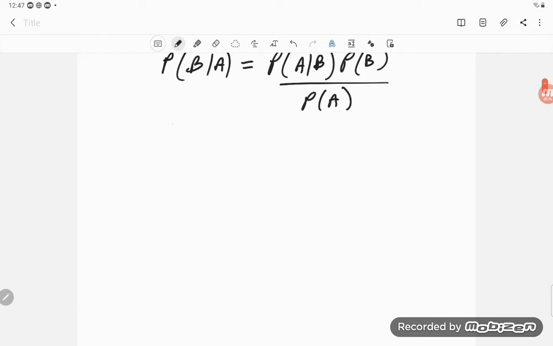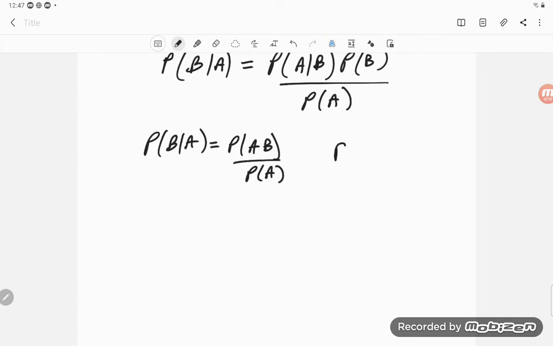So all they've done is they started with the probability of A given B, and that's the probability of AB over the probability of A. But then, just conditional probability, right?